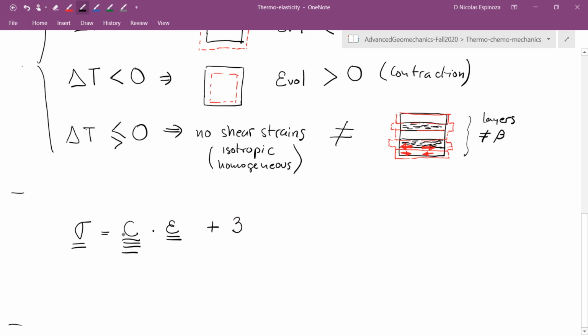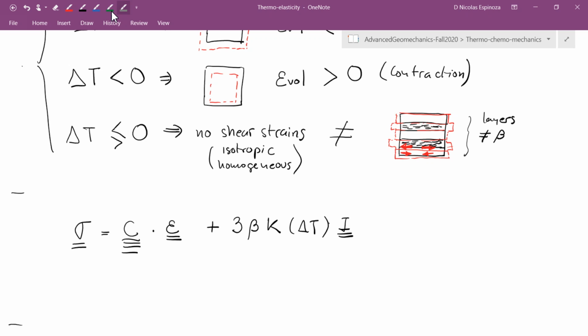So we're going to say that stresses also depend on temperature through this additional term that I'm going to explain in a minute. And here we have the identity matrix, and remember that this is just for a solid. All right, so you already know this part. Let's explain the second part.